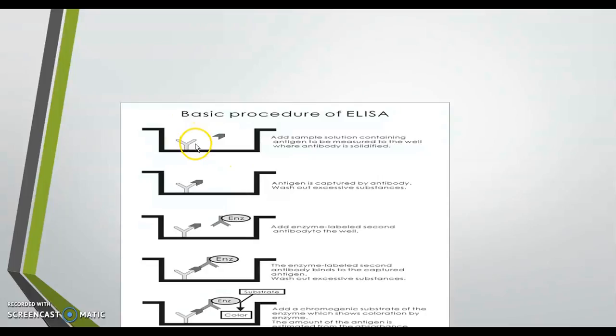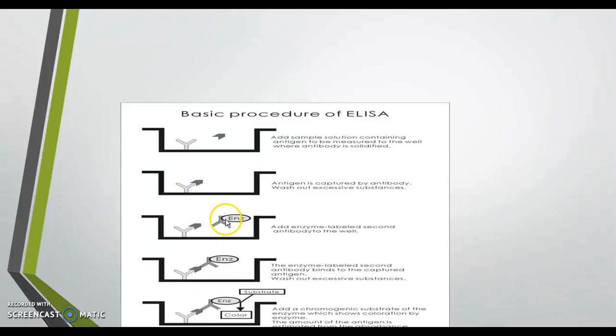Other than antigens, antibodies can also be bound to the walls of the ELISA plates, like in sandwich ELISA. In sandwich ELISA, the ELISA wells are bound by antibodies. The antigen then binds to the antibody to form an antigen-antibody complex.